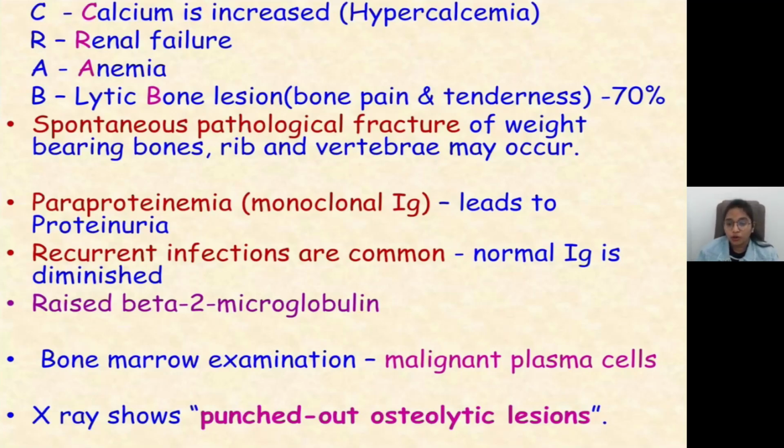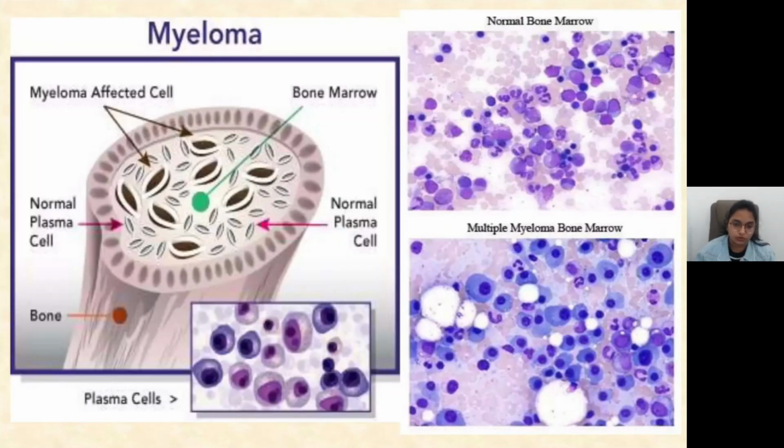Recurrent infections are more common as normal immunoglobulins are diminished. Raised beta 2 microglobulin is found, and bone marrow examination can be done, showing malignant plasma cells. X-ray will show punched-out osteolytic lesions. Osteolytic means bone breakdown lesions, right?